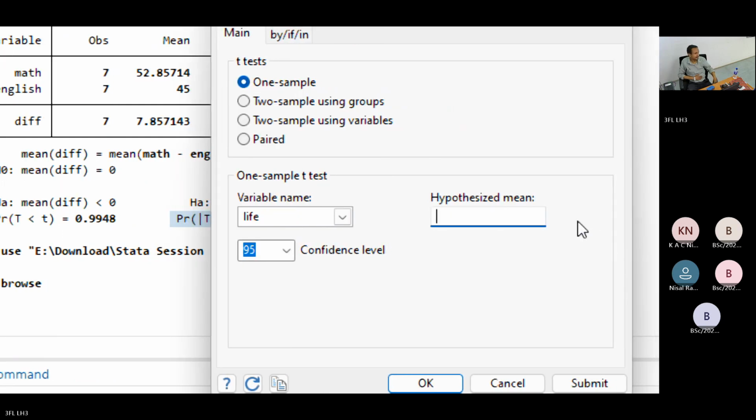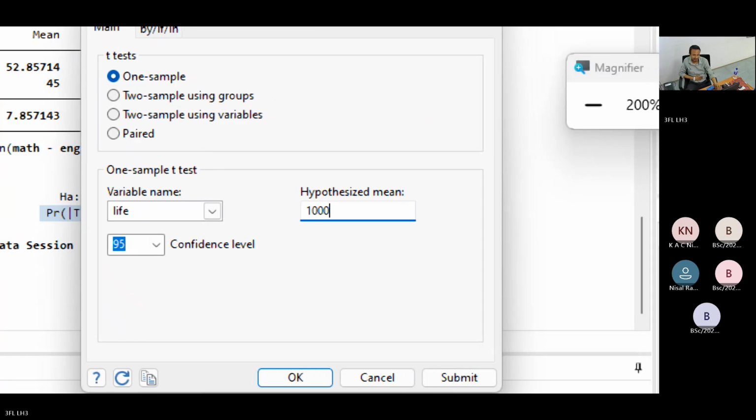What's the hypothesized value? That's the population mean. We expect at least 1,000 burning time. So please choose 1,000.